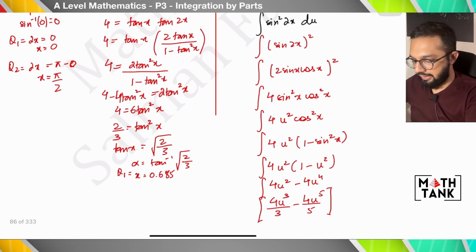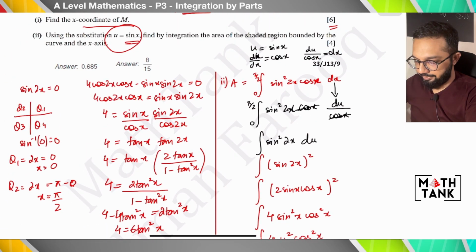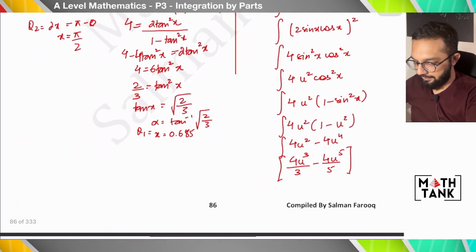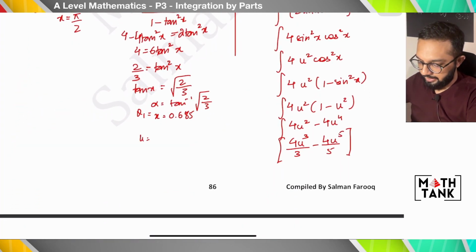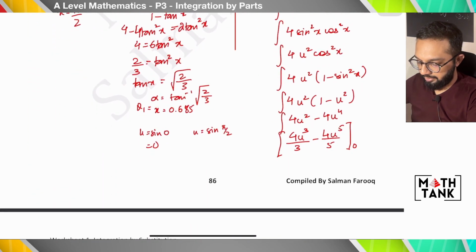And I have my limits. What are my limits? My limits should be 0 and pi over 2 as before. So I'm going to change the limits here. Sine of 0 is 0, so the bottom limit is 0, and sine of pi over 2 is 1.